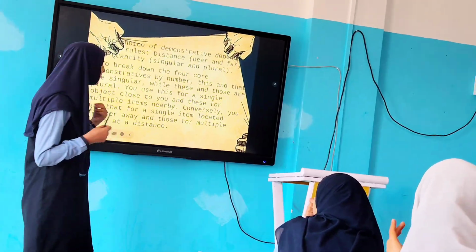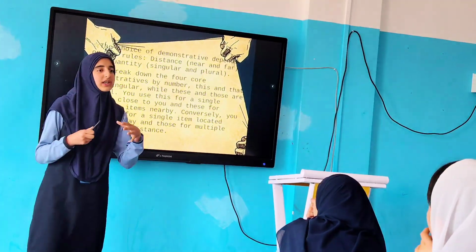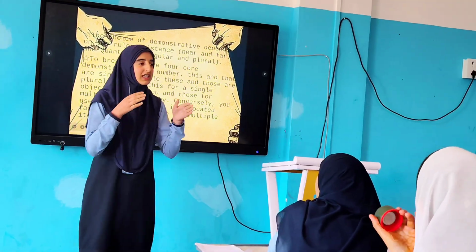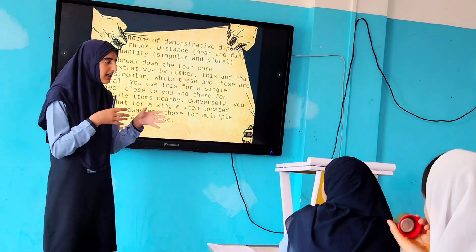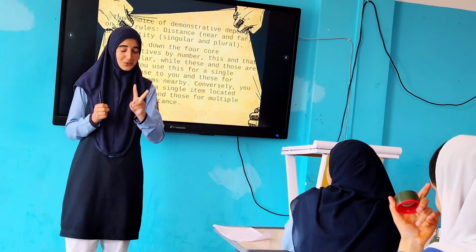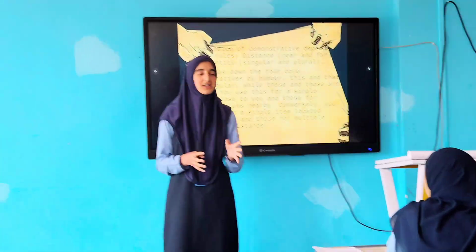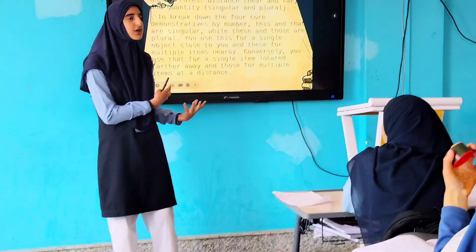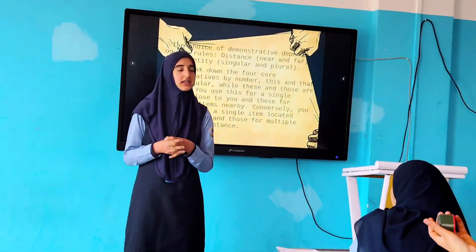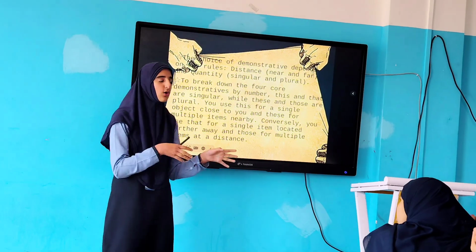And basically, let's categorize all the four demonstratives. This and that. Two factors determine the usage of these demonstratives, which is distance and quantity. Distance in the sense near or far.